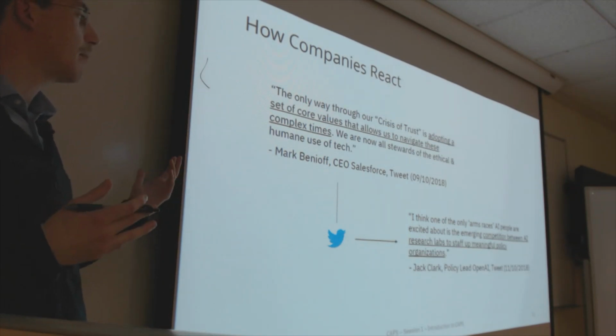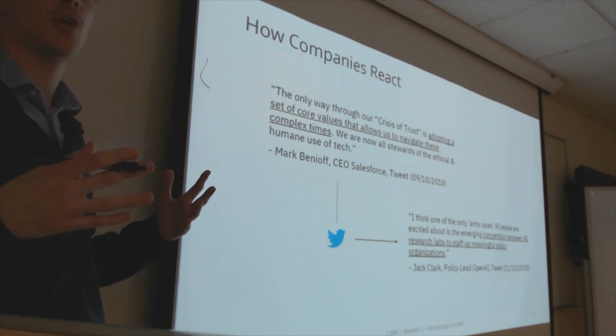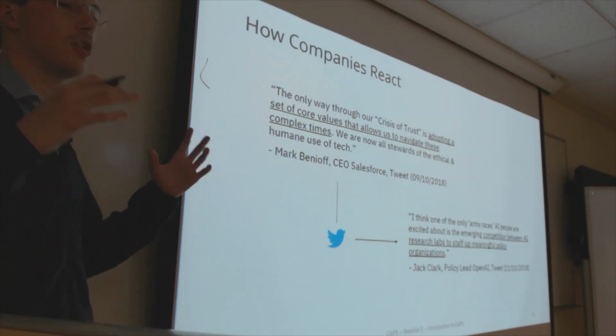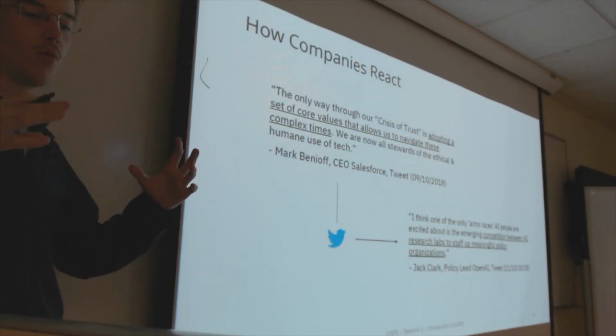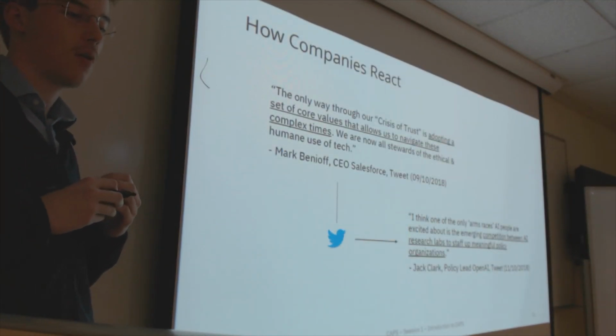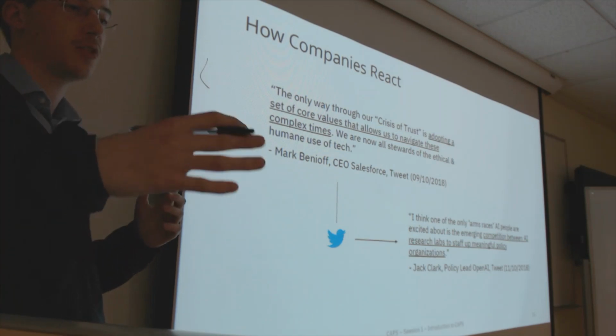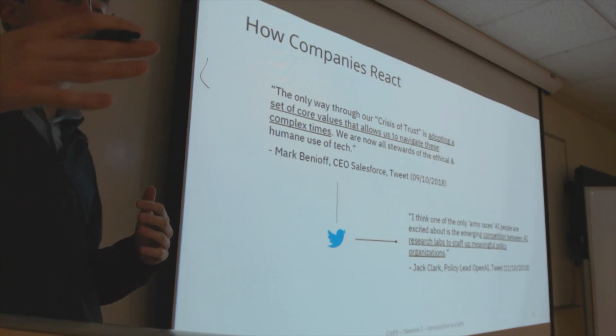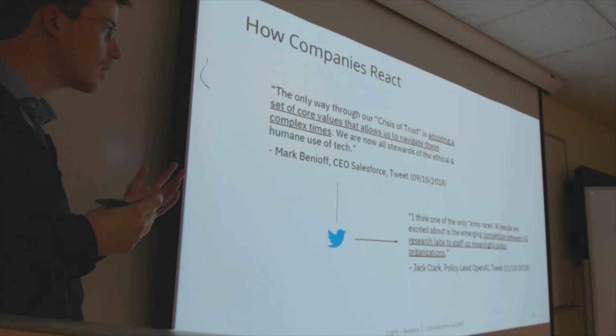So what these examples are just meant to show you is that there's actually a lot of attention out there on what is happening at the intersection of artificial intelligence and some policy-related consequences.